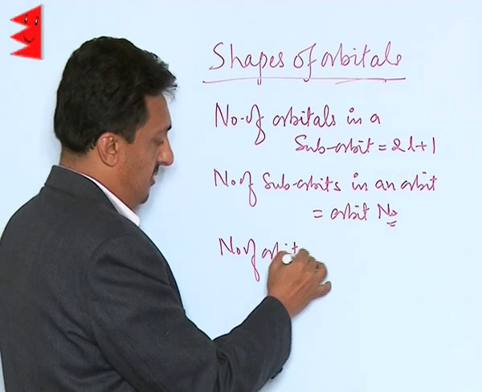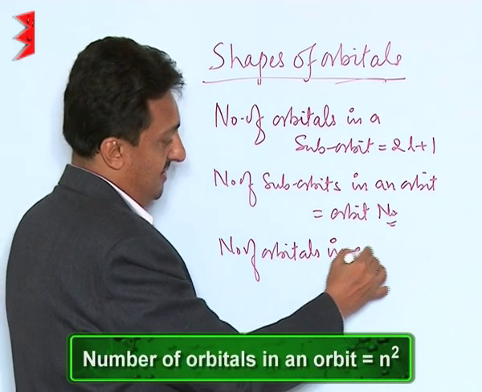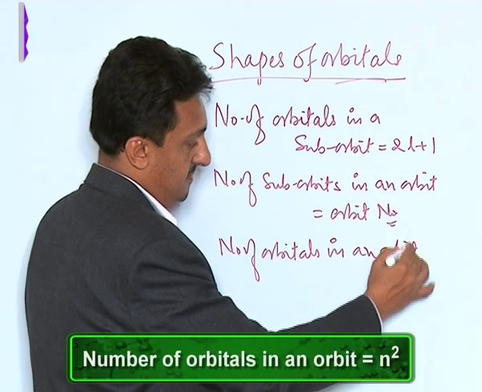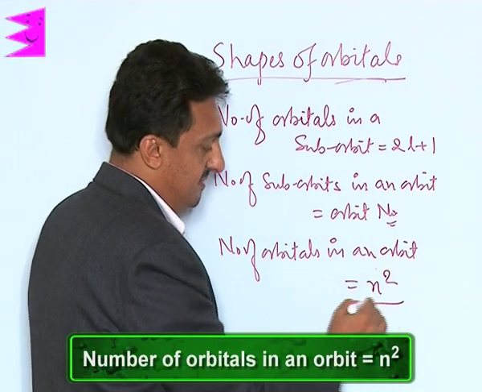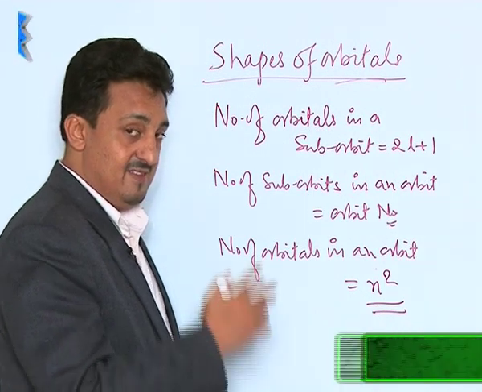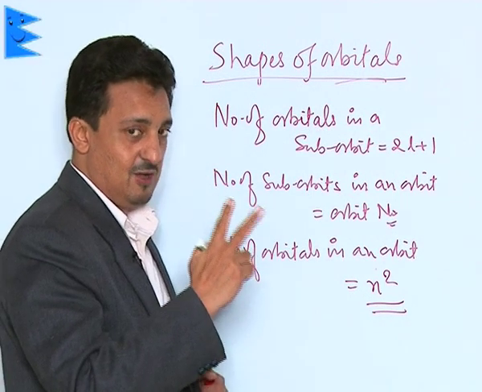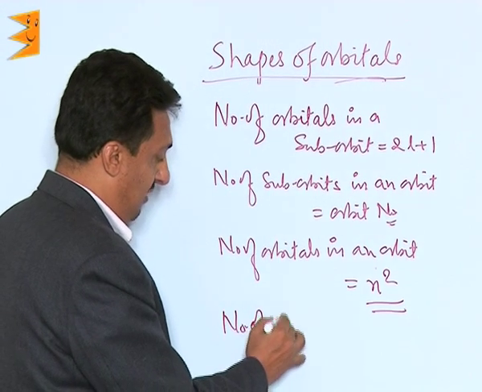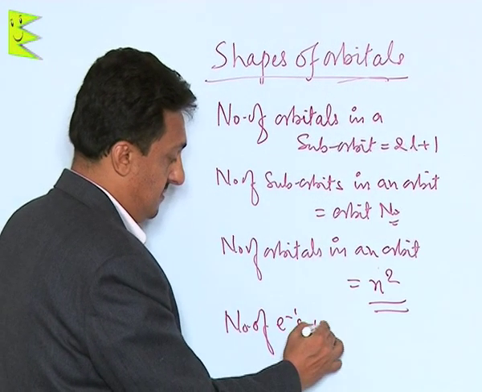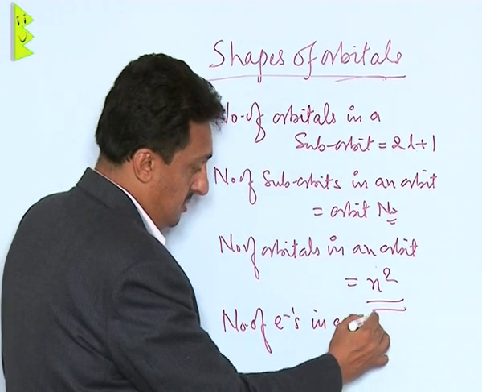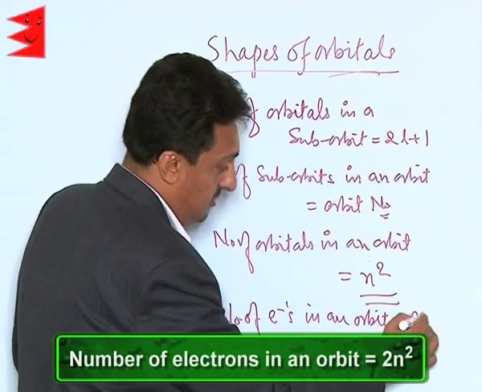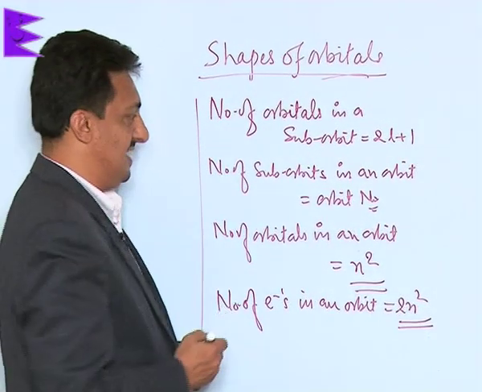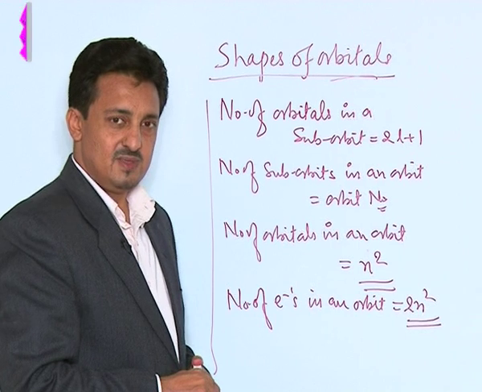The number of orbitals in an orbit is equal to n square, and since each orbital can accommodate 2 electrons, the number of electrons in an orbit is equal to twice n square. So these are the 4 basic things which we have to always remember.